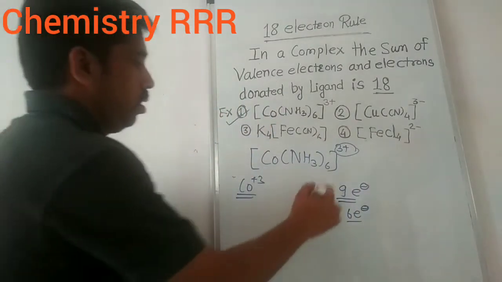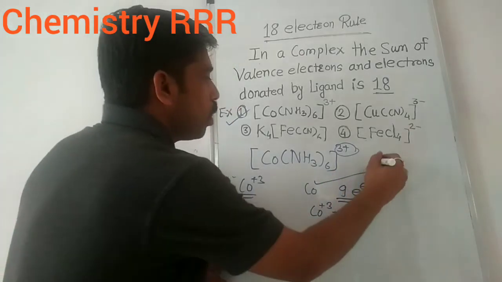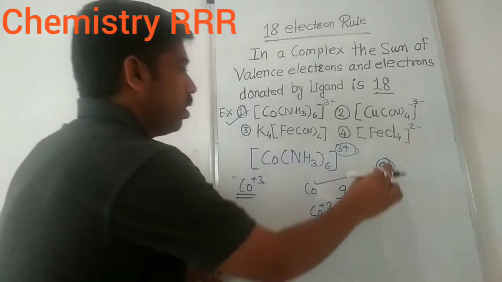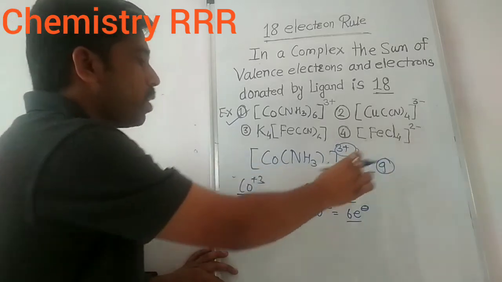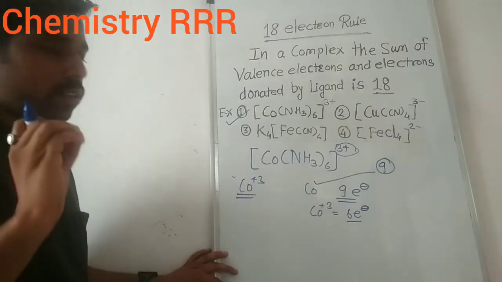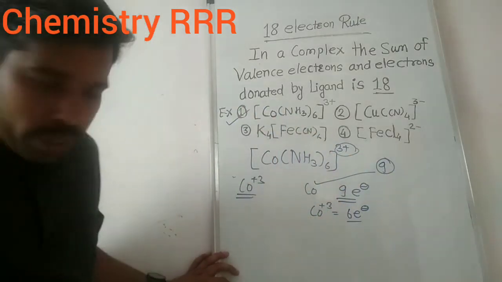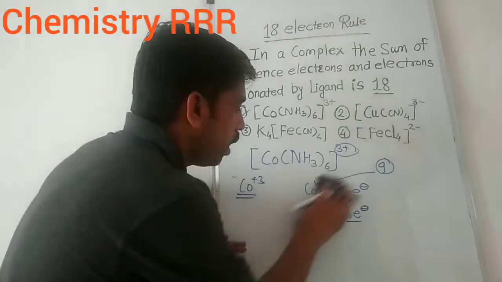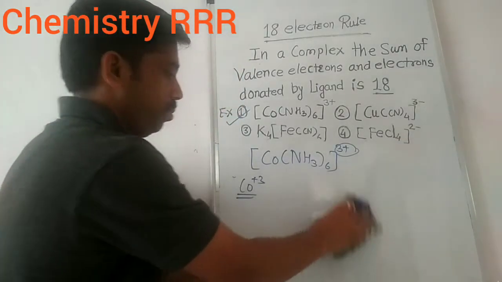You know the group number of cobalt is 9. It is nothing but the valence electrons present in cobalt in the 0 oxidation state. Now we get that cobalt +3 has 6 valence electrons.